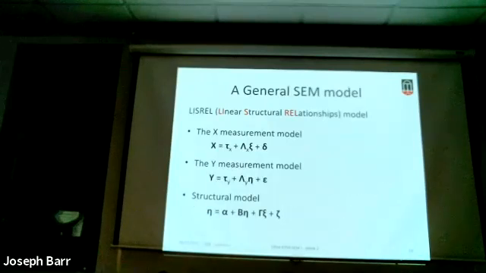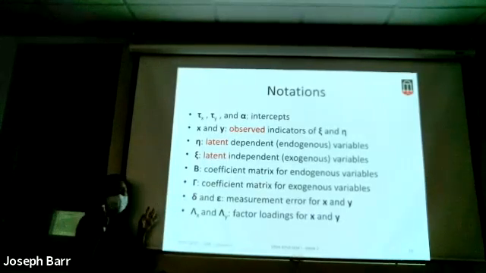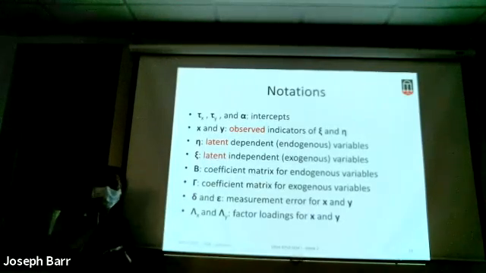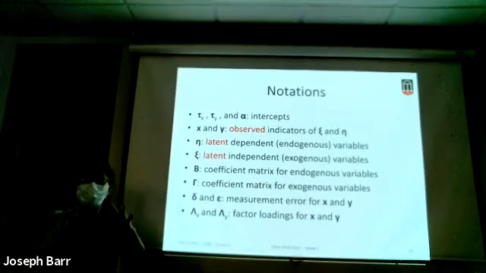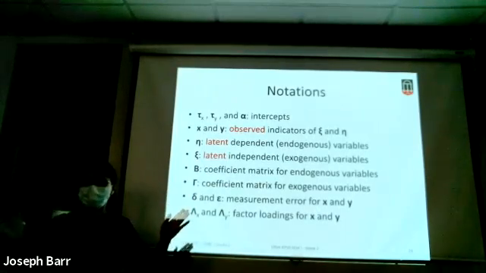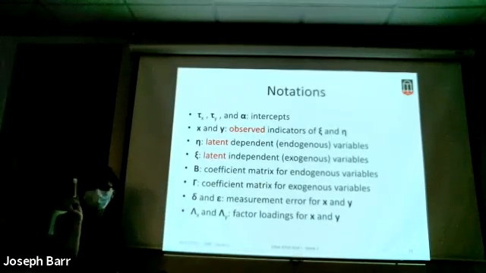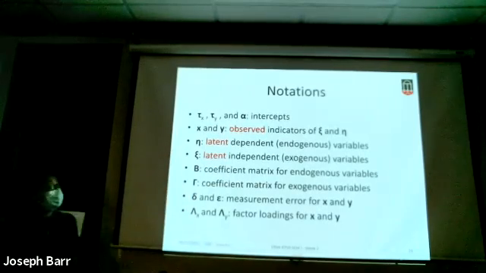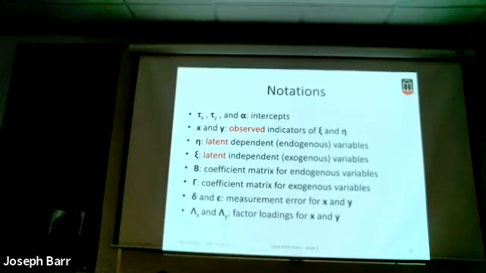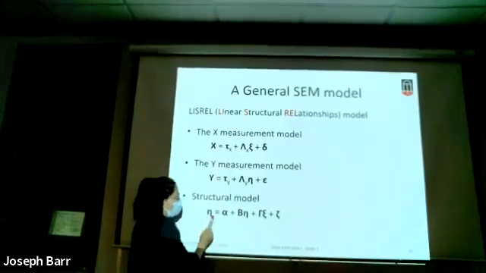So again, let me explain this part again. We have a lot of notations. All of these are mainly based on Greek letters. In SEM, people use Greek letters a lot, and they have their special meaning for each Greek letter. For example, here we have tau X, tau Y, and alpha.